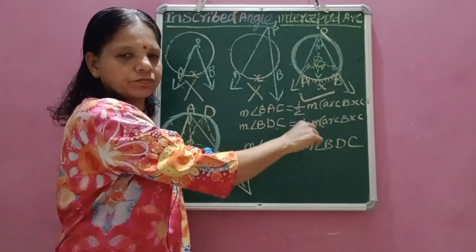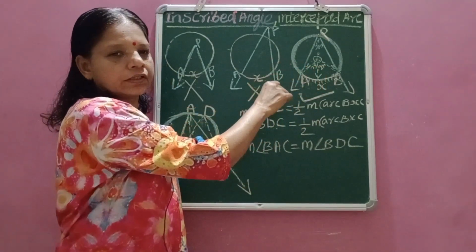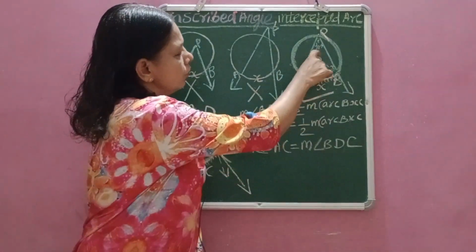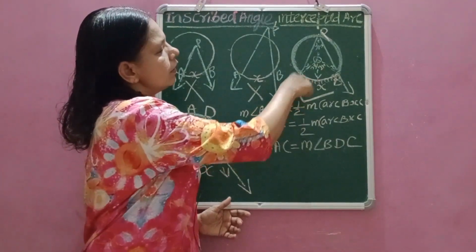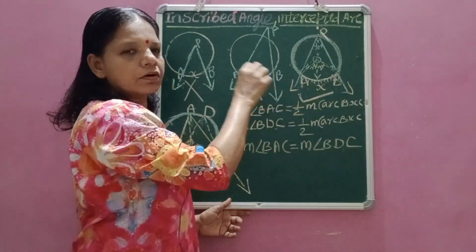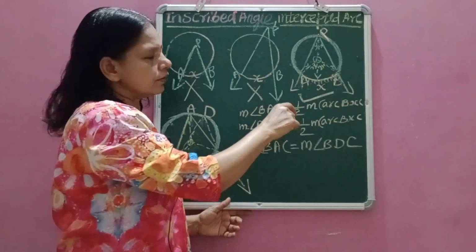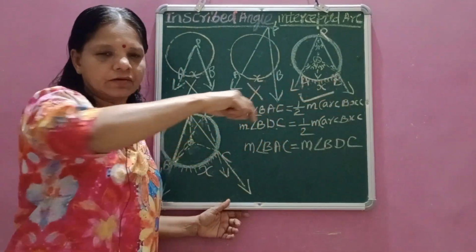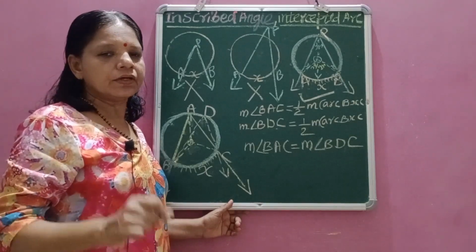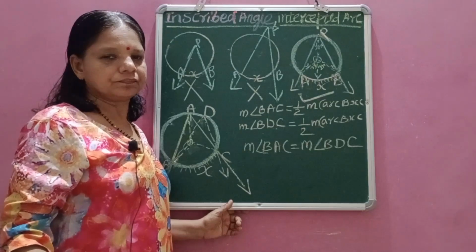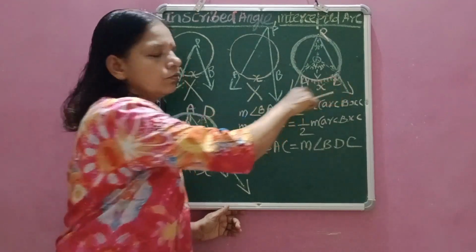By the definition of measure of an arc, it is the measure of the angle formed at the center of the circle, that is AOB. So according to that, measure of angle APB equals half the measure of angle AOB. That is nothing but the measure of arc AXB. The measure of the intercepted arc is the measure of angle AOB.